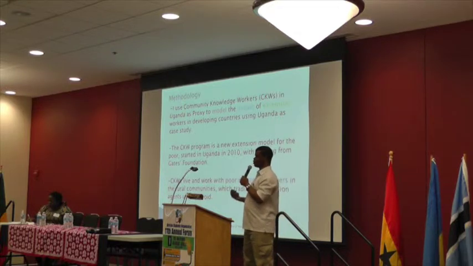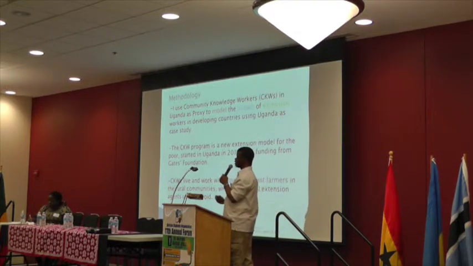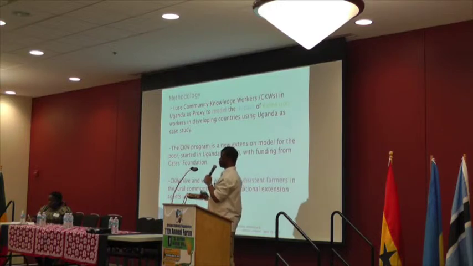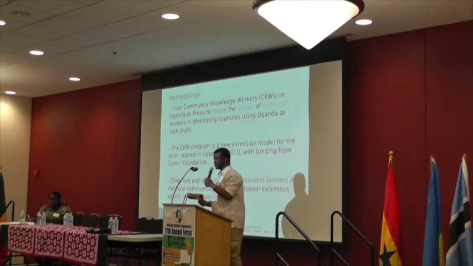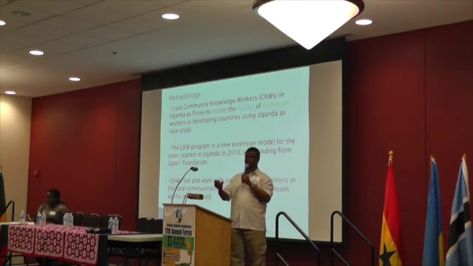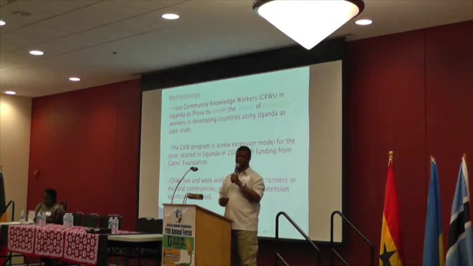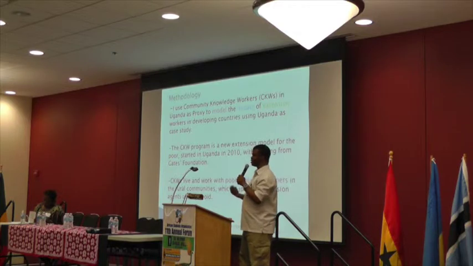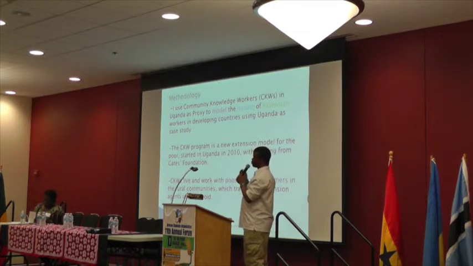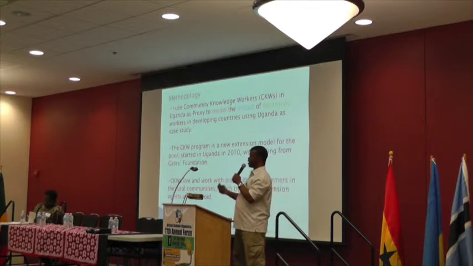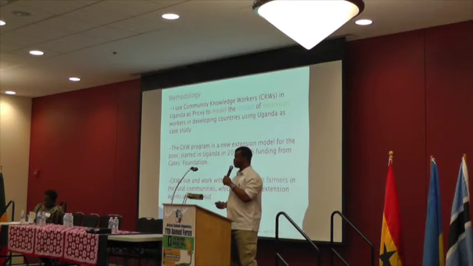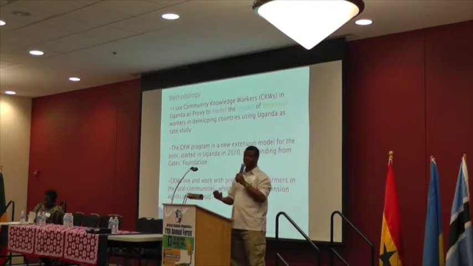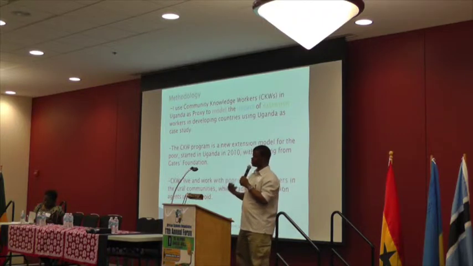It's difficult to quantify the impact of extension because of the problem of attribution. If an extension officer gives advice to farmers to increase productivity, when the farmer's production increases, it's very difficult to disentangle the effect of the extension advice. It could be that agronomic factors or weather factors led to the production increase, so it's been very difficult.